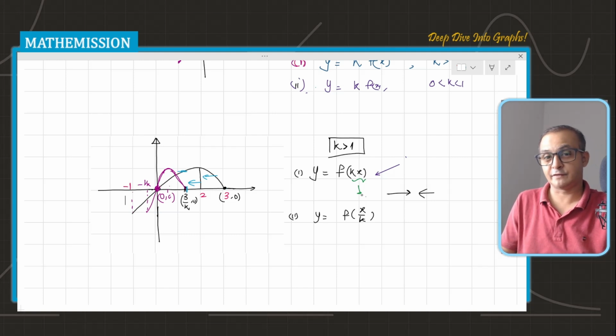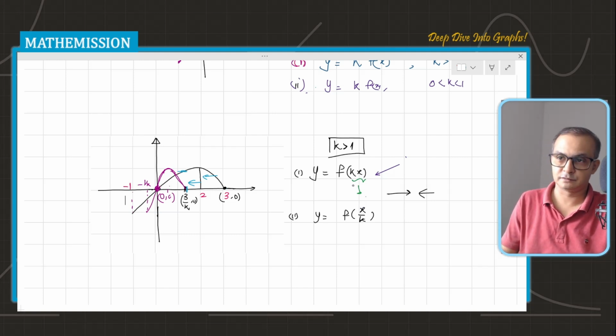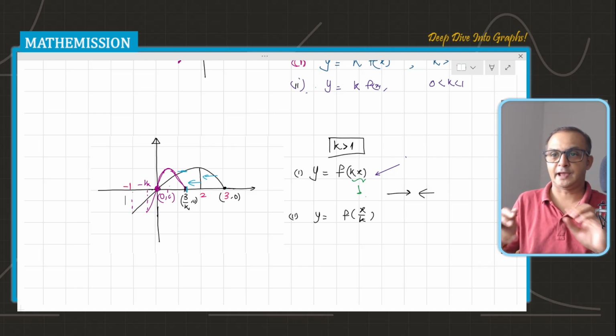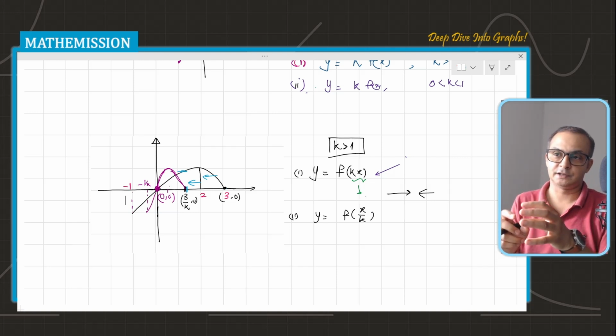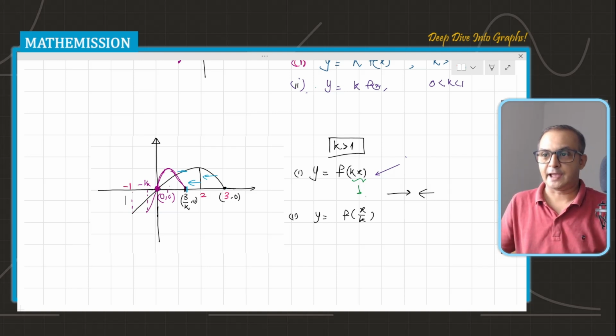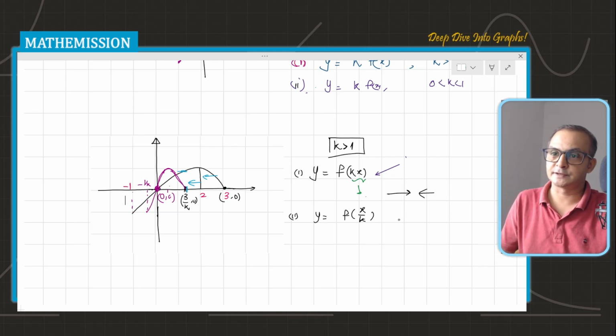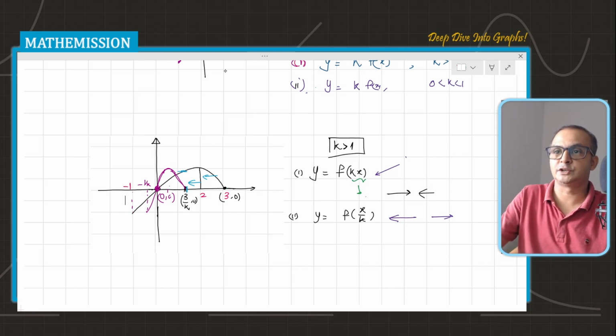But when we are dividing x by a number which is more than 1, it will give the effect as if we are multiplying x by a number lying between 0 and 1. And this time there is a horizontal stretch. This kind of behavior will be shown by the function.